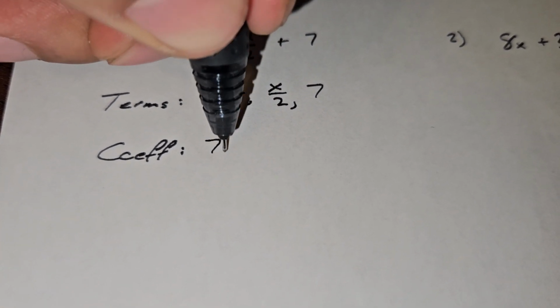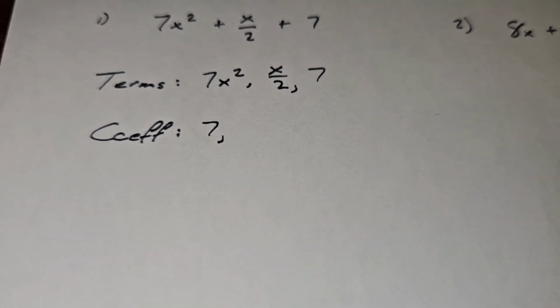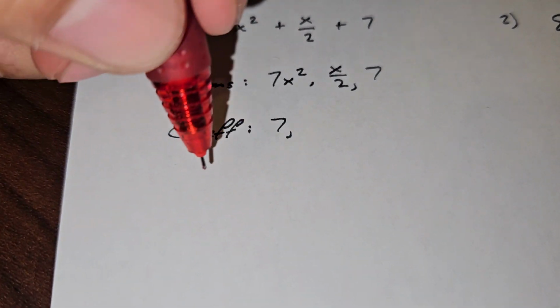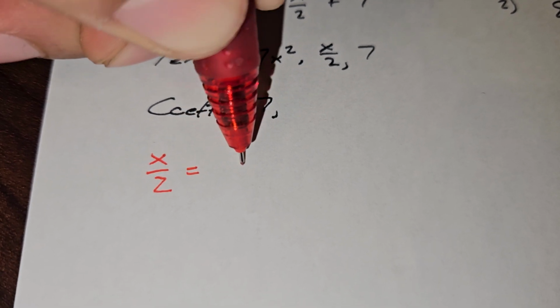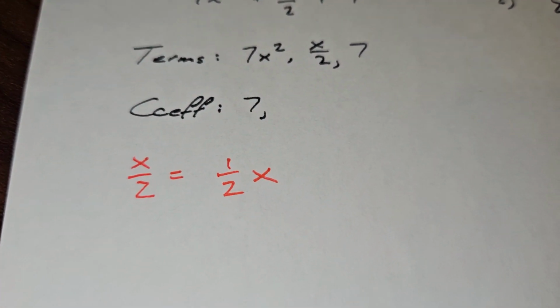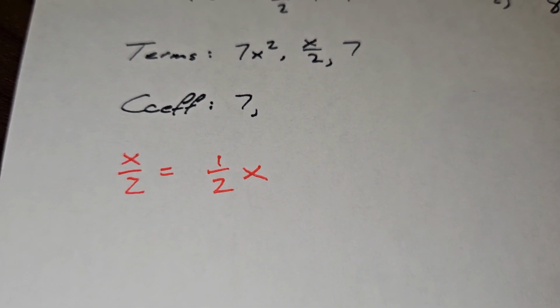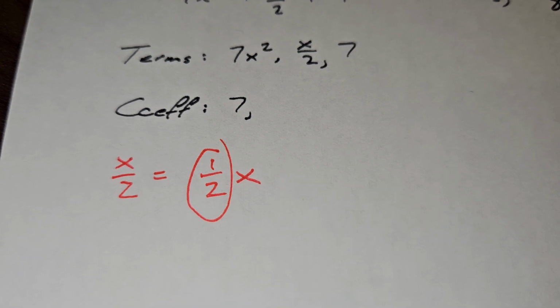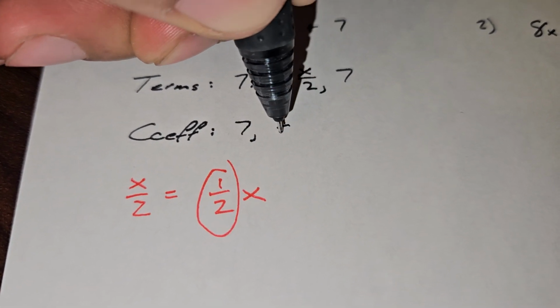And then the x divided by 2 can be rewritten as 1/2 x. So what is the numerical value in front of the 1/2 x? It is going to be the 1/2. So that is going to be a coefficient, 1/2.